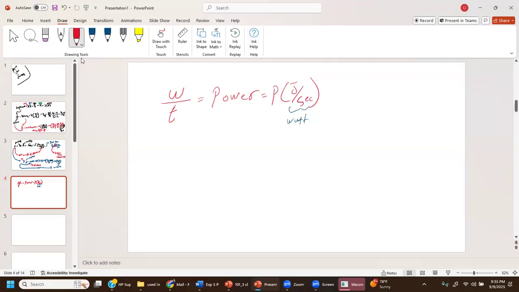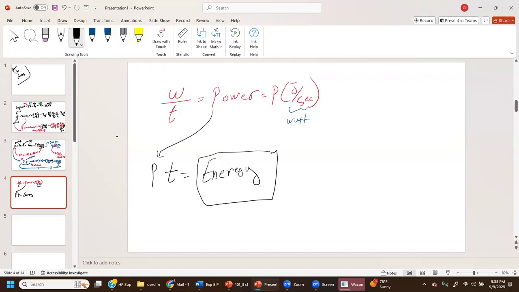And later on, we're going to see that we can take this power and apply it to some kind of time, and that's where we get the energy needed. And that's basically the reason to study physics.